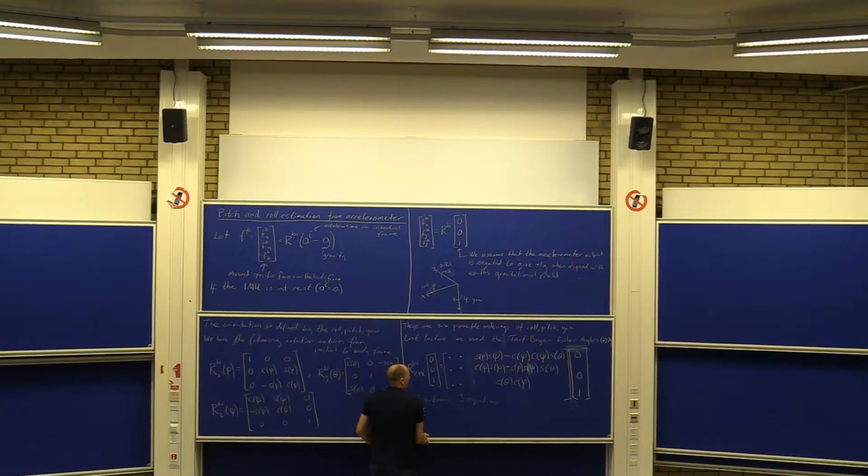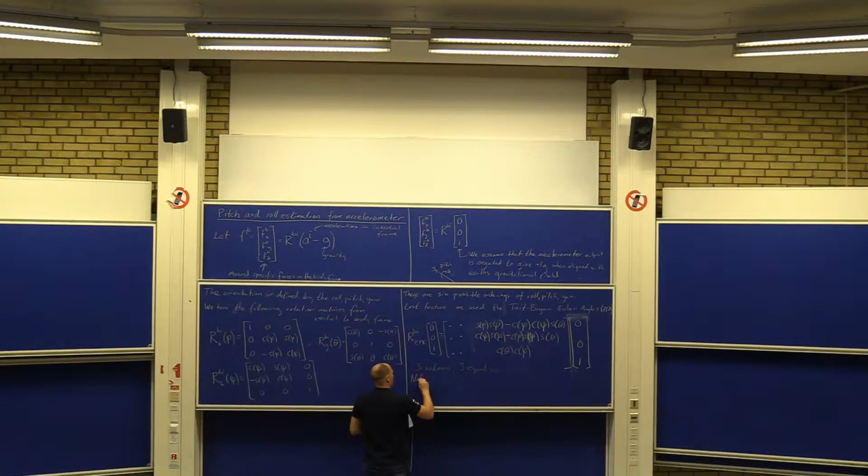So note that the norm of f has to be, which is basically f_x^b squared plus f_y^b squared plus f_z^b squared, equal to 1, right?